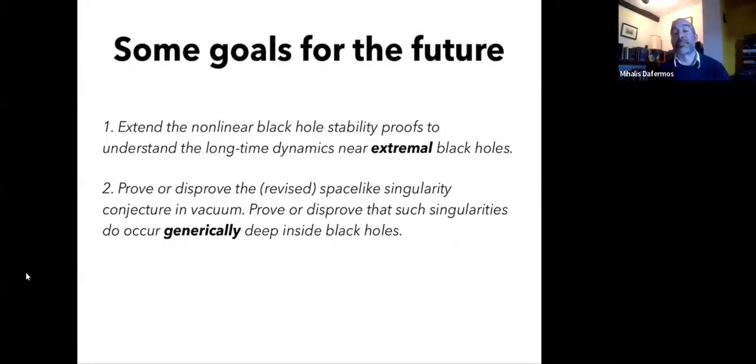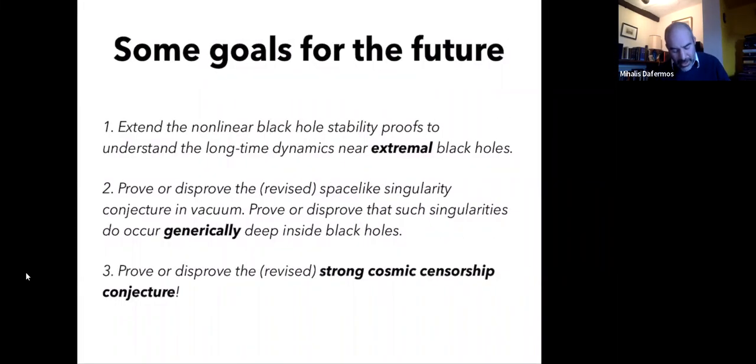To prove or disprove the revised space-like singularity conjecture, I told you that it is not the case that singularities are in general space-like, but there's some revised version that may be the case, and we very much want to prove or disprove that. And finally, to prove or disprove the revised version of strong cosmic censorship, namely the revised version of the statement that observers falling into black holes are destroyed. Okay, so that's goals for the future. So maybe I'll end with that. And if anyone has any questions, I'm happy to entertain.